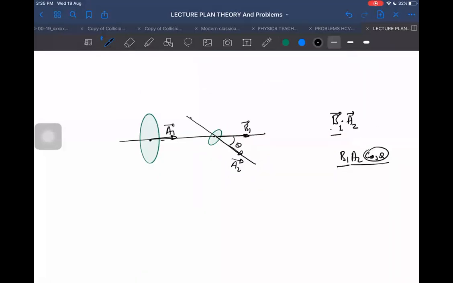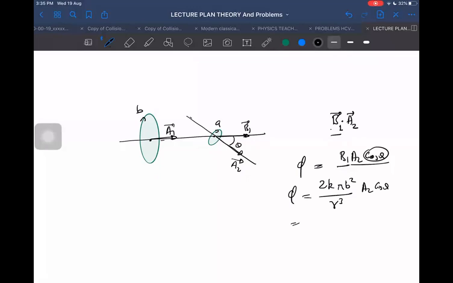What was B1? B1 was due to this. It is B, and it is 2k pi b square by r cube. So 2k into pi b square upon r cube into A2 into cos theta. That is the flux. I is also there somewhere.